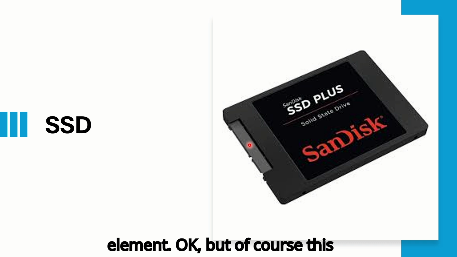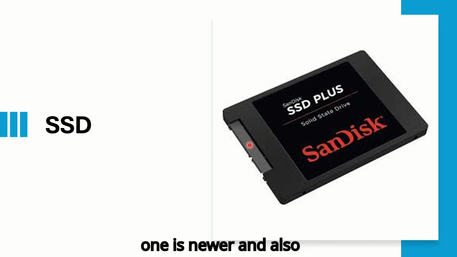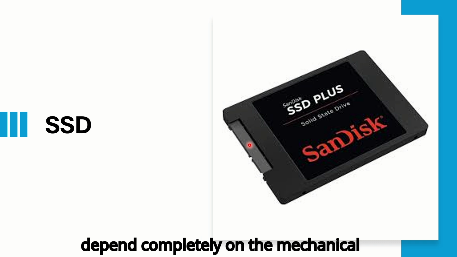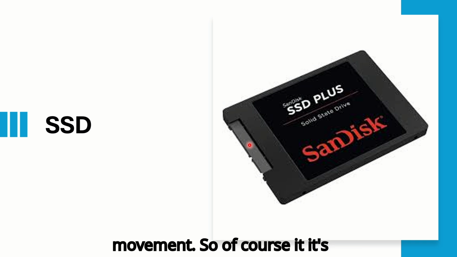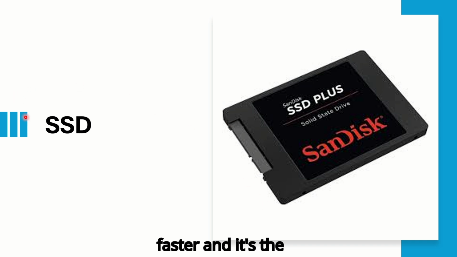But of course, this one is newer and also faster, as it doesn't have rotating parts, so it doesn't depend completely on mechanical movement. So of course it's faster, and it's newer than HDD.